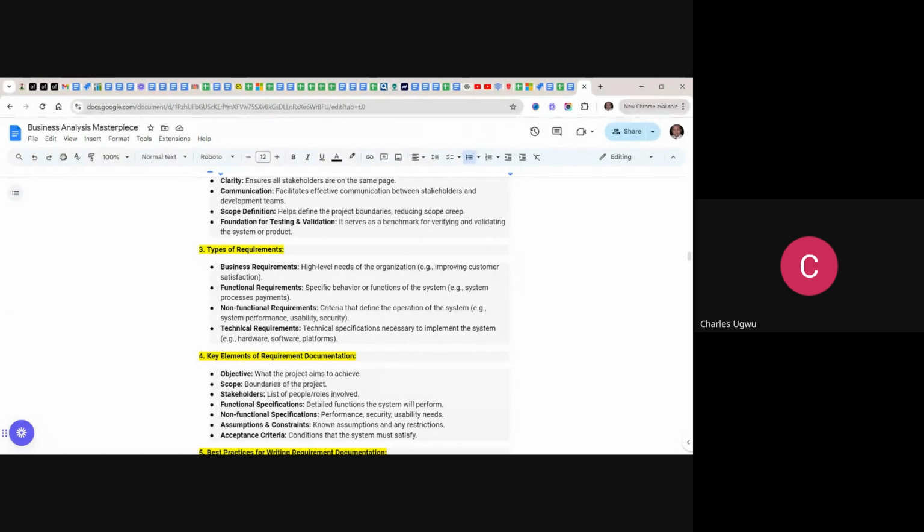And once this is transformed and built and it becomes software, the business analysts will equally need to explain this technical requirement, because the business leaders or some of the stakeholders might not really understand the technicalities here. So the business analysts need to transform it from technical requirements back to business requirements.